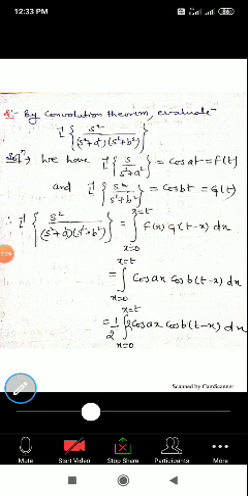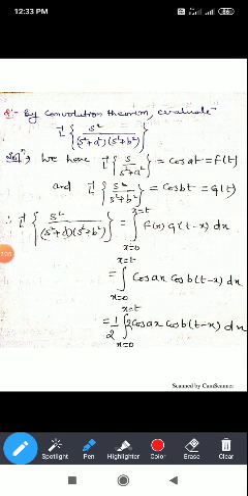Here, the Laplace inverse of s upon s squared plus a squared is cos at, which we call f(t), and the Laplace inverse of s upon s squared plus b squared is cos bt, which we call g(t).